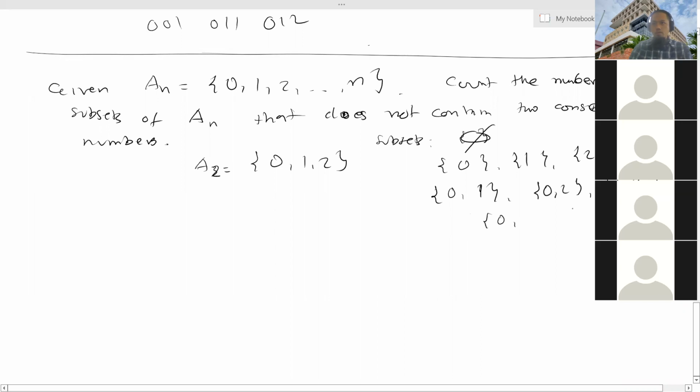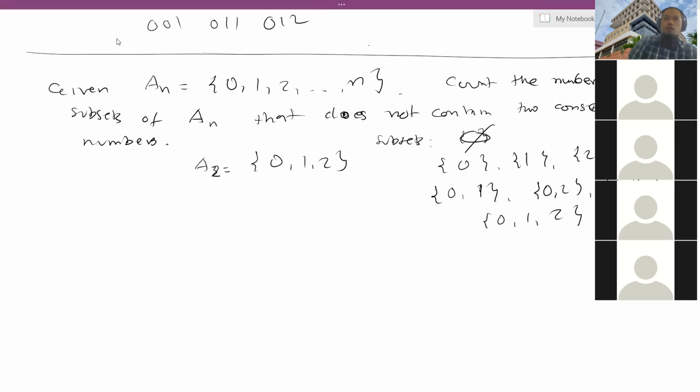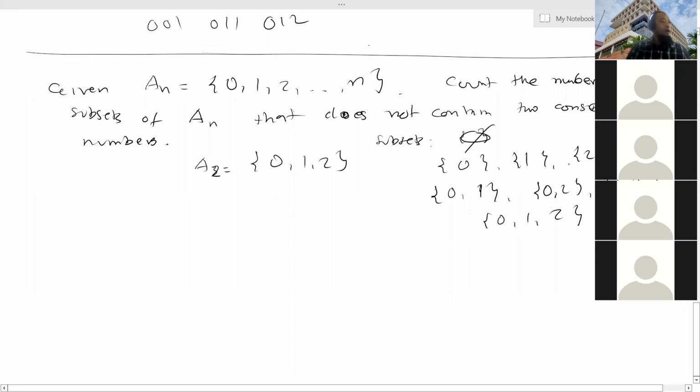So let me ask a question: which subsets satisfy the criteria? The criteria must be it does not contain two consecutive numbers.